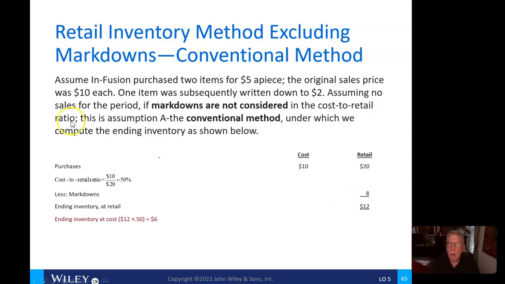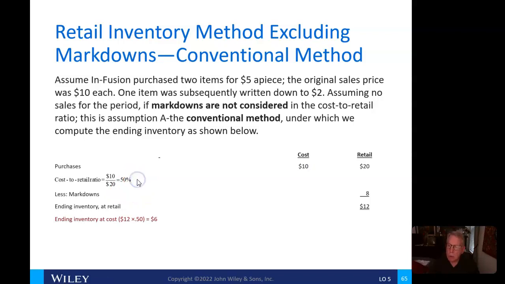Okay, so now we assume the same situation here. If markdowns are not considered in the cost to retail assumption, this is assumption alpha, the conventional method. Now we do it a little bit differently. Here is our cost, 10 bucks, $20 retail.